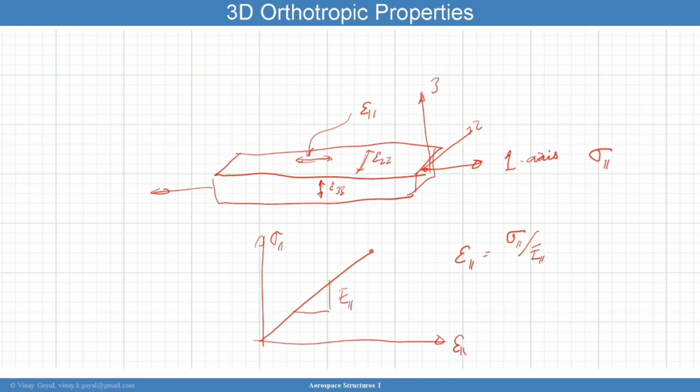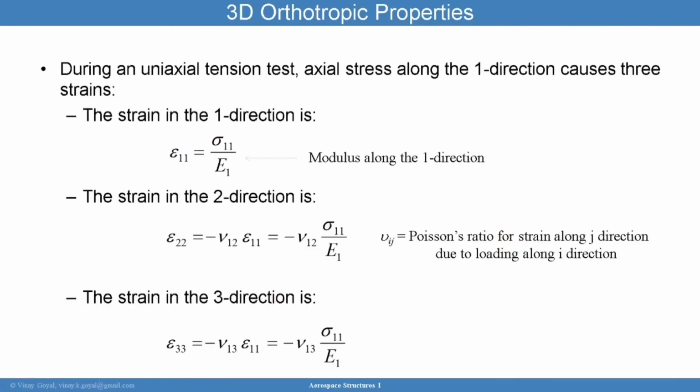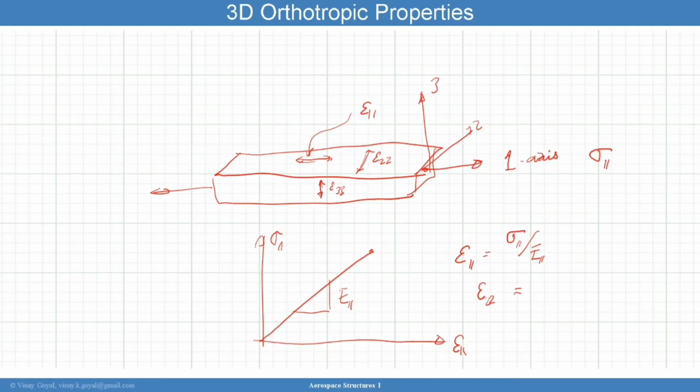I also want to look at what's going on with epsilon 2,2. And what I notice is when I apply a load in the one direction, I will expect the cross-section to contract. And in the two direction, you will get some contraction as well. So I want to look at what is going on in that direction.